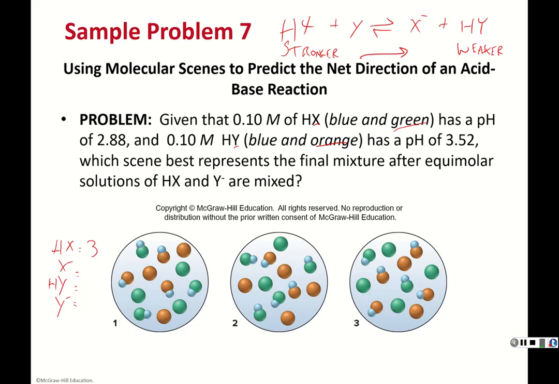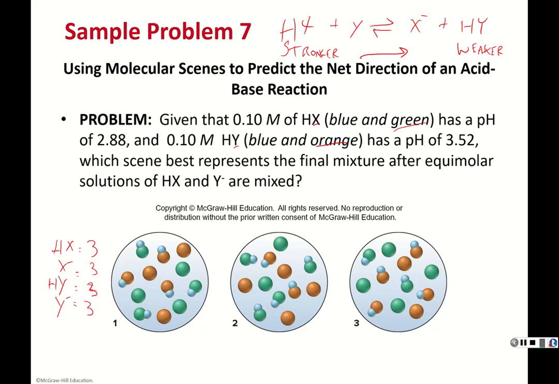X minus, just green by itself, we'd have 3. HY would be blue and orange, so 1, 2, 3. And then Y minus by itself would be just orange, so 1, 2, 3. Okay, so that's all equal molar concentrations of everything.